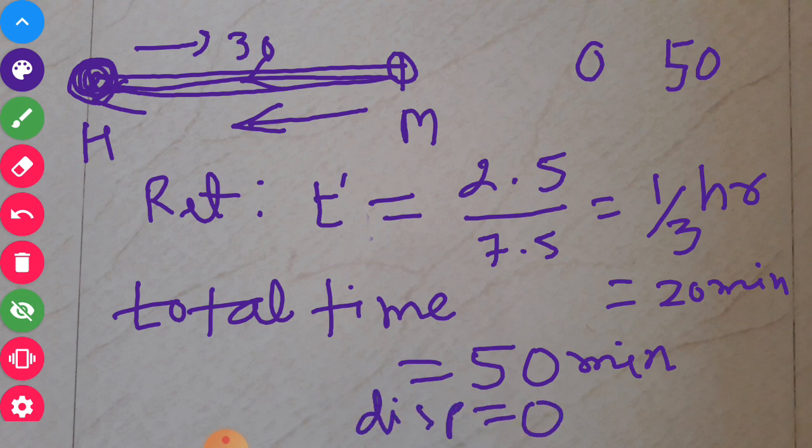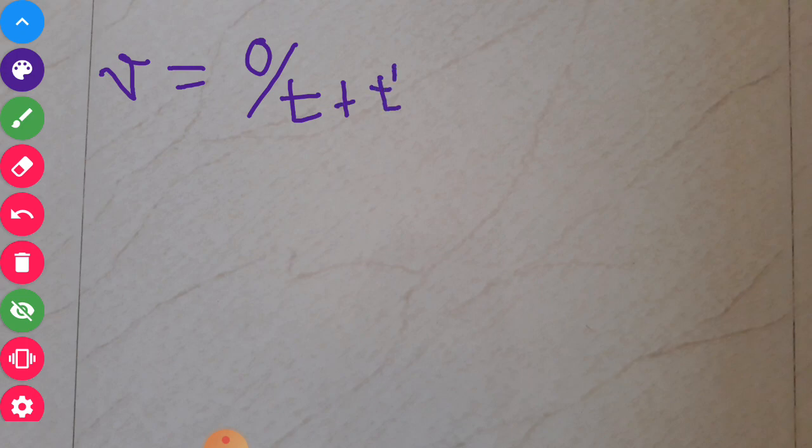Therefore the average velocity will be displacement upon time interval. The time interval will be t plus t prime. But the displacement is 0, therefore average velocity will be 0.